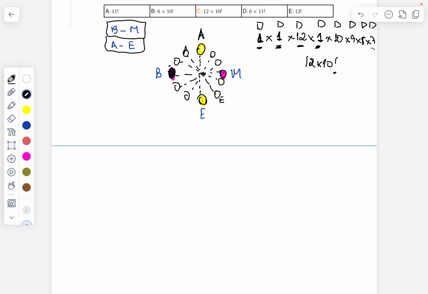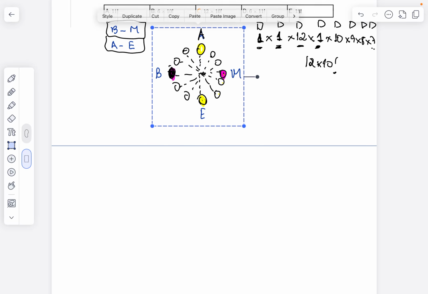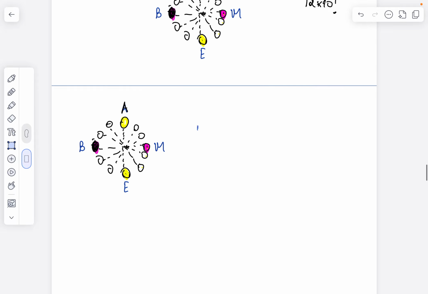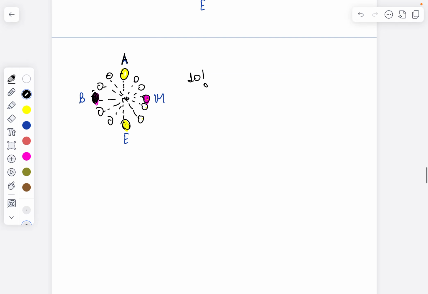All right. So if I do that, the next girl that I ask to choose a chair will have 10 options, okay? So if I do this, I have 10 factorial options. All right, but this is one setup to seat, okay?